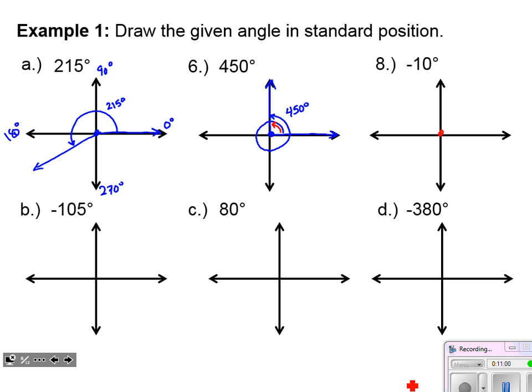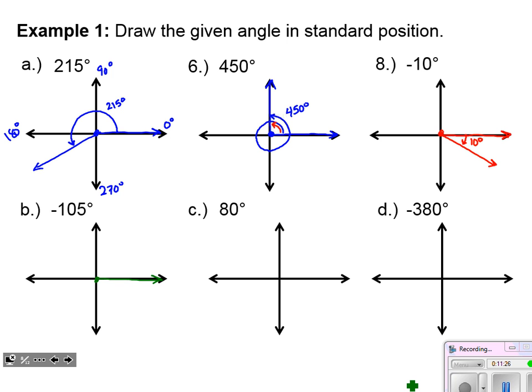Number 8, negative 10 degrees. Here's my initial side. Since it's a negative angle, I'm rotating clockwise, and I don't go very far. This is actually a gross exaggeration just so I could fit the label inside. But a 10-degree angle should not be going that far beneath the positive x-axis. Negative 105 degrees for letter B over here.